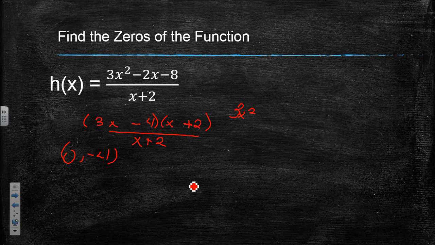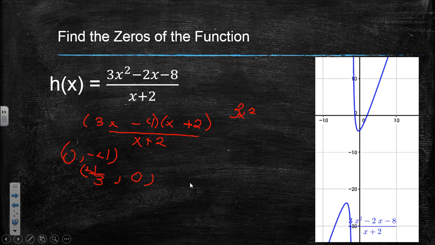And for what values of x is y 0? (4/3, 0), and then we would normally have one at negative 2, but that's going to be a hole in our graph because it can't become that. If we're dividing by 0, we're going to have a problem. So when we look at our graph, it's going to be strange.